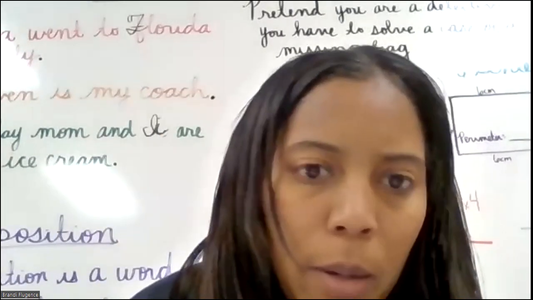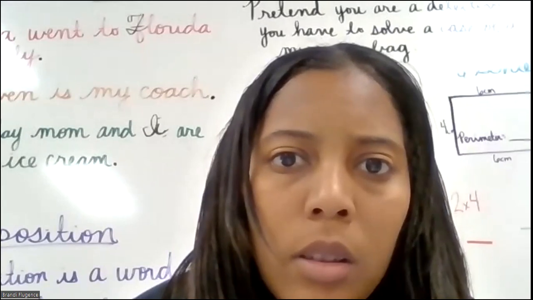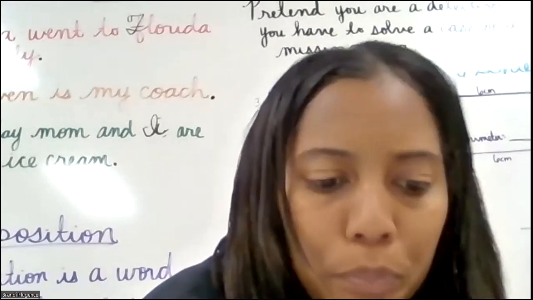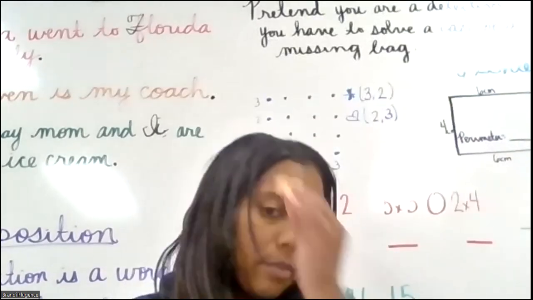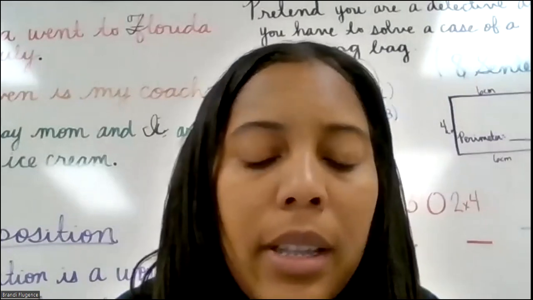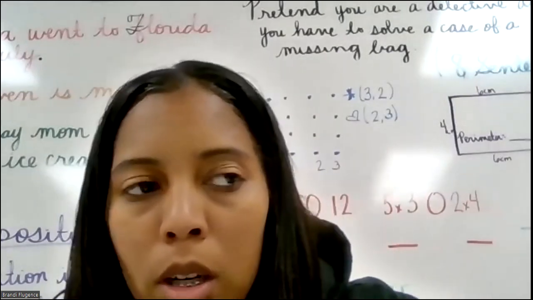Okay, are we ready for multiples of 3? All right, let's go to multiples of 3. Now this one will be a little different. Okay, so we have 3 times 1 equals 3.